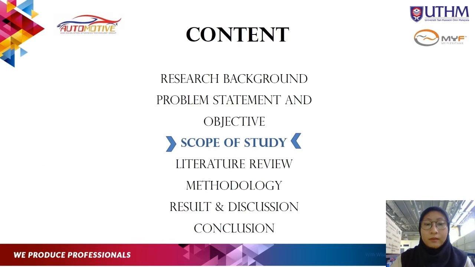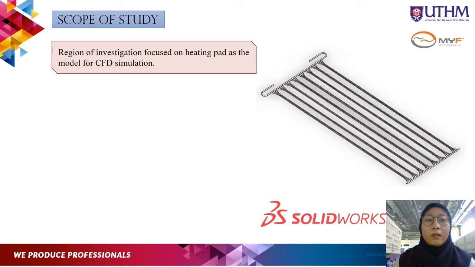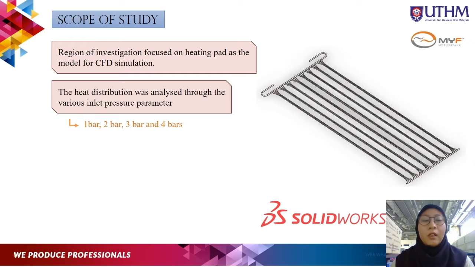Next, the scope of study. First, the investigation focuses on the heating pad as the model for the CFD simulation. Second, the heat distribution is analyzed through various inlet pressure parameters, which are 1 bar, 2 bar, 3 bar, and 4 bar.